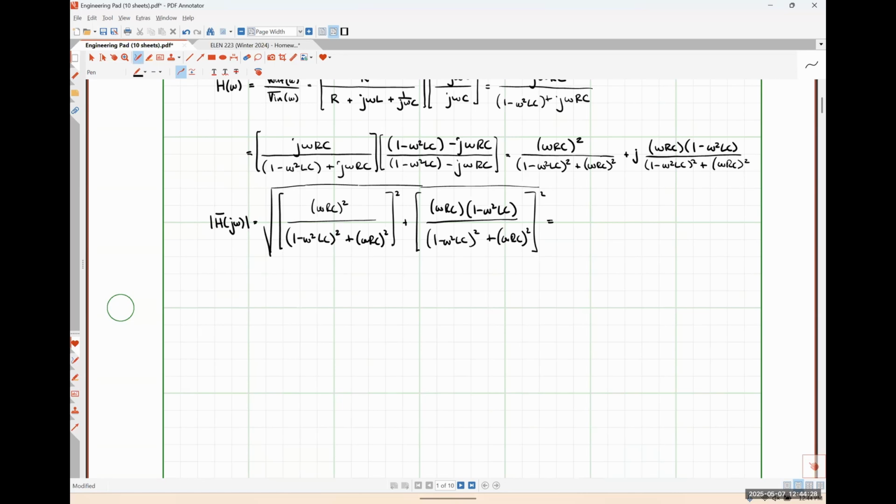Let's do this out real quick. I'm going to have omega RC to the fourth power plus omega RC squared times 1 minus omega squared LC quantity squared, all over 1 minus omega squared LC quantity squared plus omega RC quantity squared, square that whole thing.